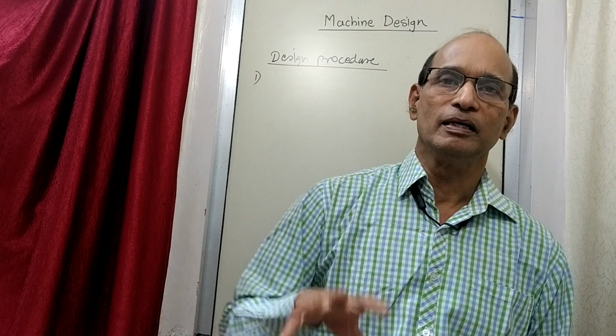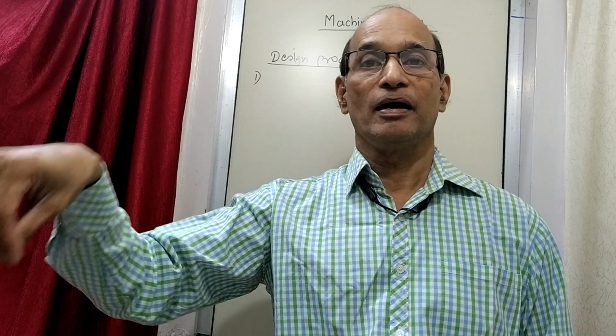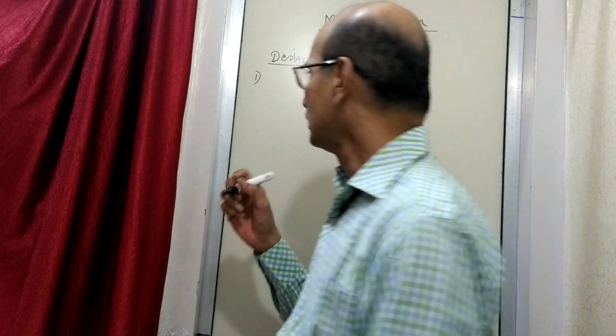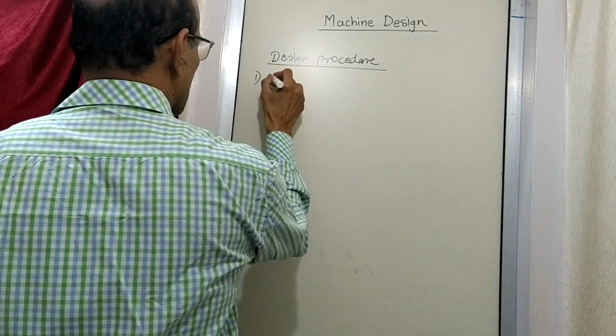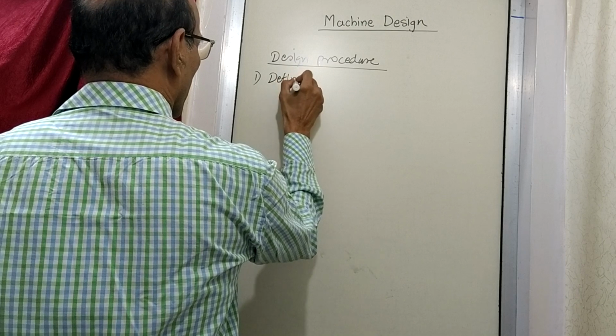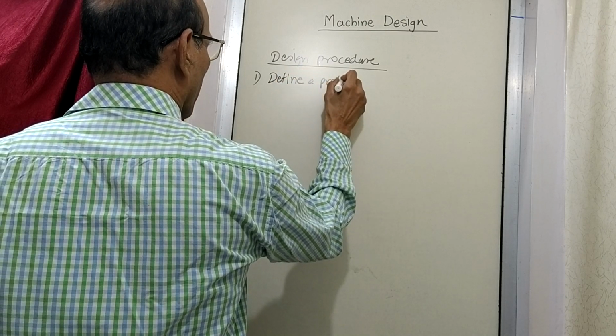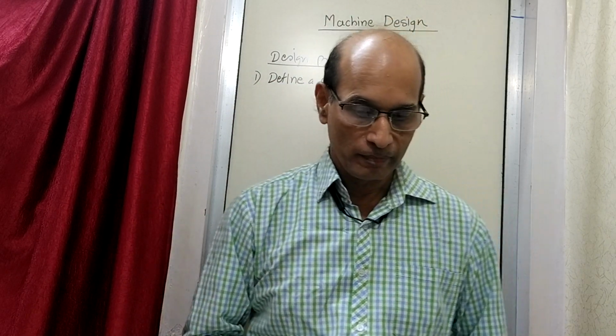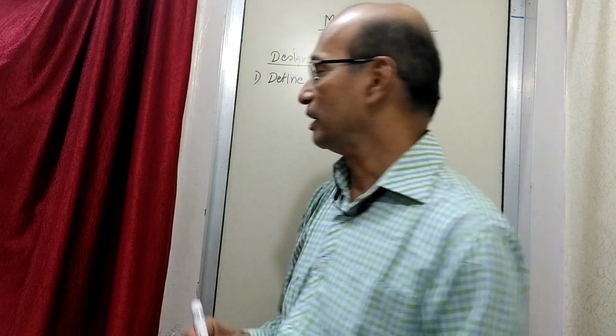So that activity has a certain end result expected out of it. So the first thing is to define why you are making the machine. So I will write here, define a problem. You have to define a problem, which means what is the purpose behind the design.